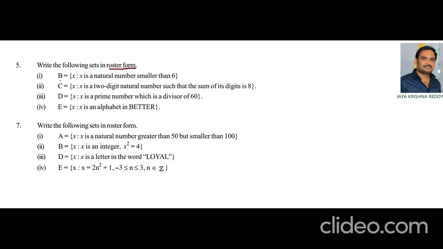So first one, the set name is given as B. So B equals to, and braces like this, x such that, that means the elements of set B, we don't know the element, so we are considering it as x such that, means the elements x like that. x is a natural number. Natural numbers means we can write from 1, 2, 3, 4 like that, but you have to take the natural numbers up to, the condition is given here as smaller than 6.